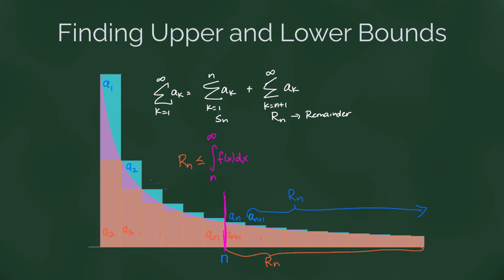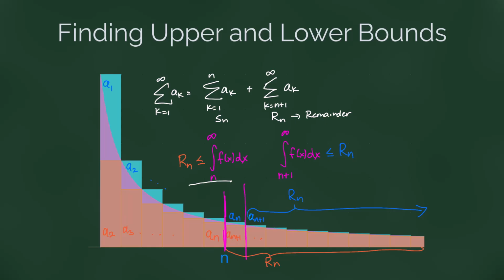If we use the blue representation of r sub n, then we see that the integral from n plus 1 to infinity of f of x dx is less than or equal to r sub n. Looking at the inequality on the left, the pink area is bigger than the orange area when we start at n.